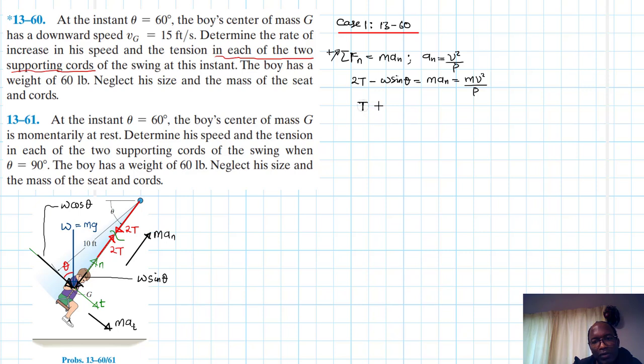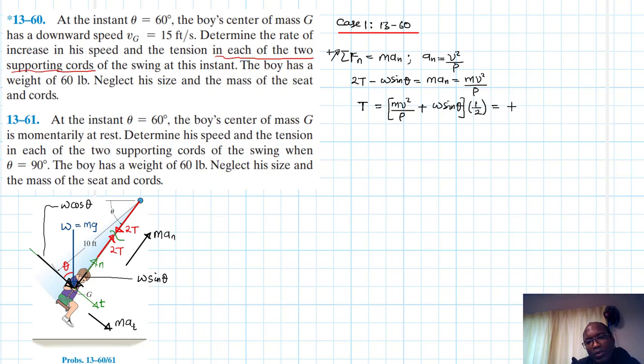We know what all these are, so let's make T the subject of the formula. T will be equal to m V squared divided by rho plus W sine theta, and everything multiplied by 1/2.